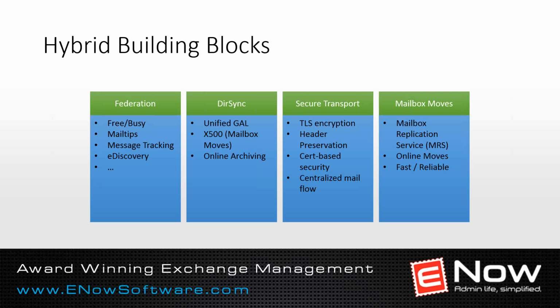And then the fourth cornerstone or pillar is everything related to Mailbox Moves. Obviously, one of the biggest advantages in a hybrid deployment is the ability to move mailboxes like if you would be moving mailboxes between 2 Exchange servers on premises. You can do that while someone is still using his mailbox. It is leveraging the same technology, so it is using the mailbox replication service, and they are in general reliable and relatively fast.